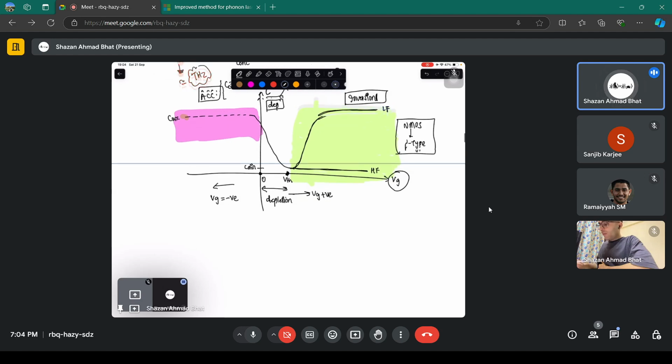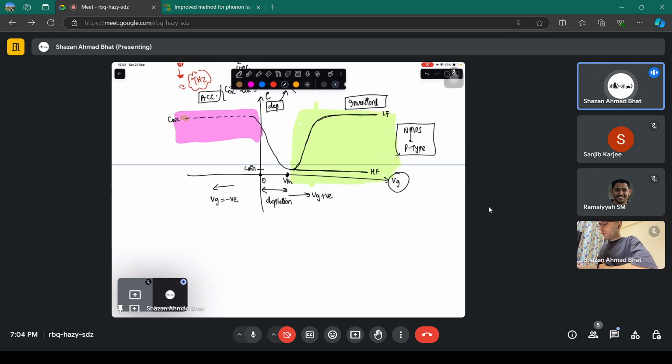Now this is the overall scenario of a capacitance versus voltage relationship. Now you see that if you go on increasing the temperature, more and more electrons will get generated, and you see this particular curve shifting like this, like this, like this. This is with the increasing temperature. And finally, it can combine with the low frequency curve.